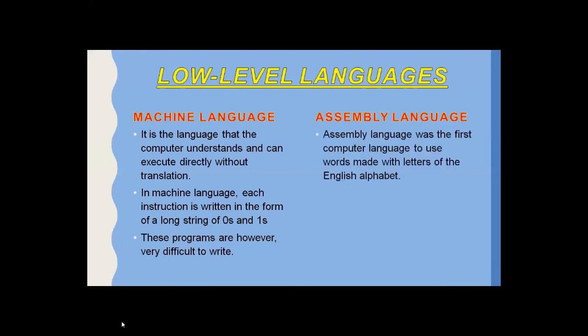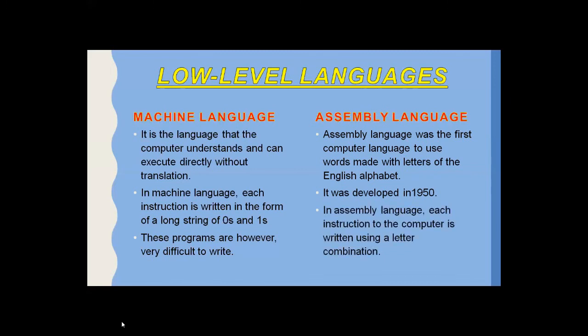How is it simple? Assembly language was the first computer language to use words made with letters of the English alphabet, and English alphabets are very easy while typing or writing. That's why it is simpler and easier as compared to machine language.